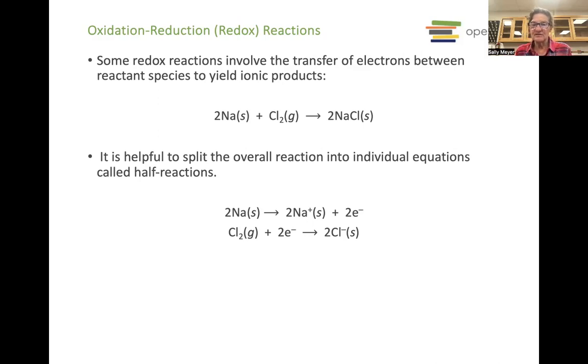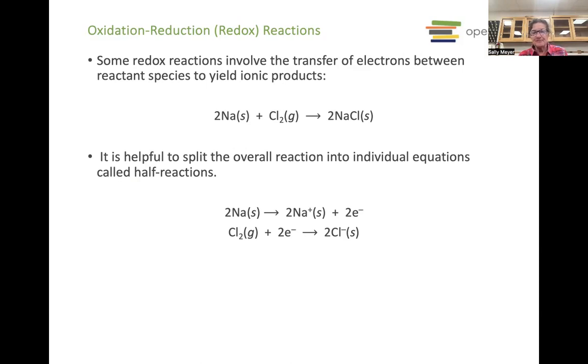When sodium solid reacts with chlorine gas in this overall reaction, you can make sodium chloride solid. If we split those, what's actually happening is the sodium solid, which is neutral, has all of its electrons, and is giving up electrons to form Na+ cations. And then the chlorine needs electrons to become chloride, Cl-.